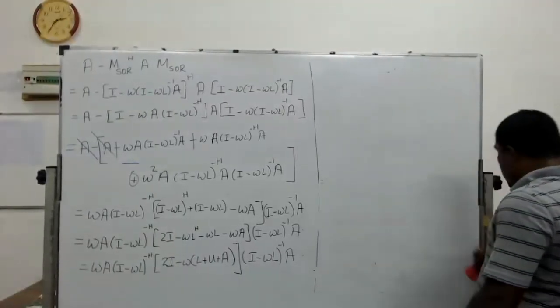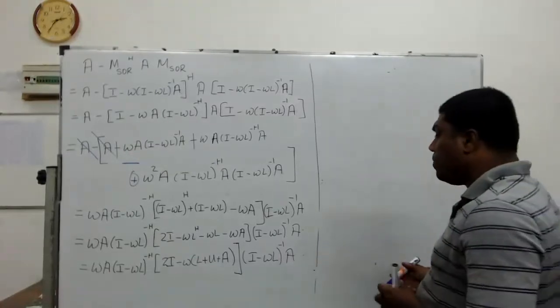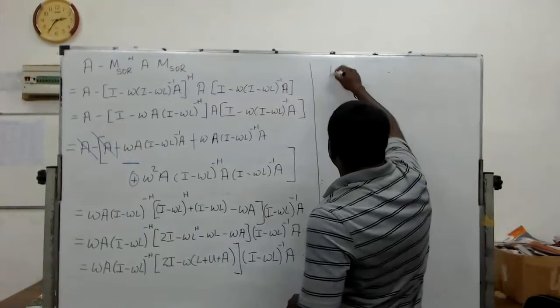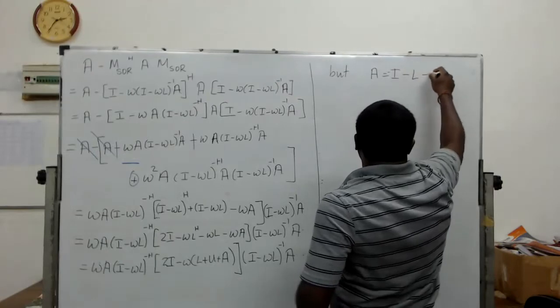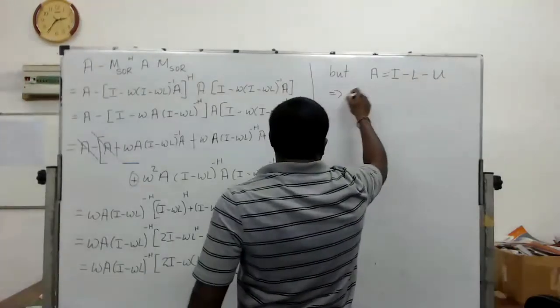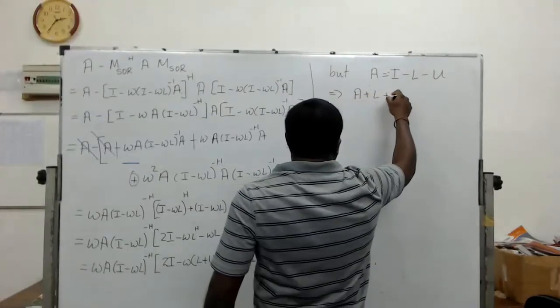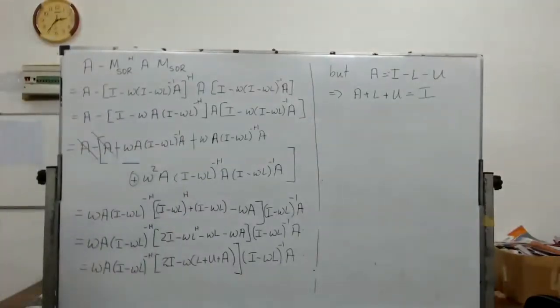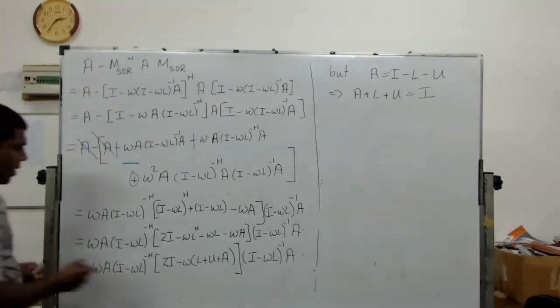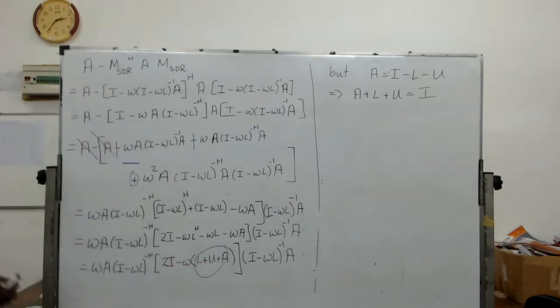But you know that A is I minus L minus U, right? Because you have A is I minus L minus U, you know that A plus L plus U is equal to I. Right? So this one is I. Because it is L plus A, U plus A, so it is I.